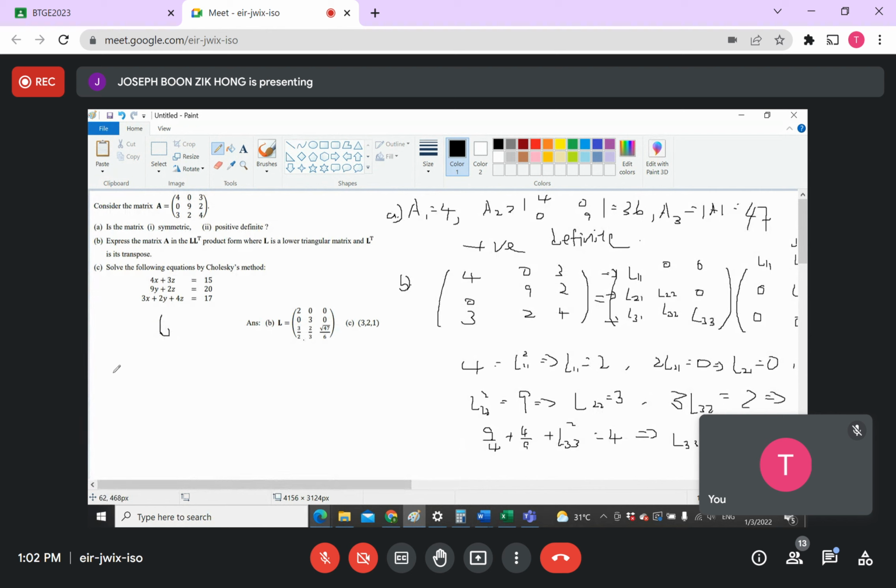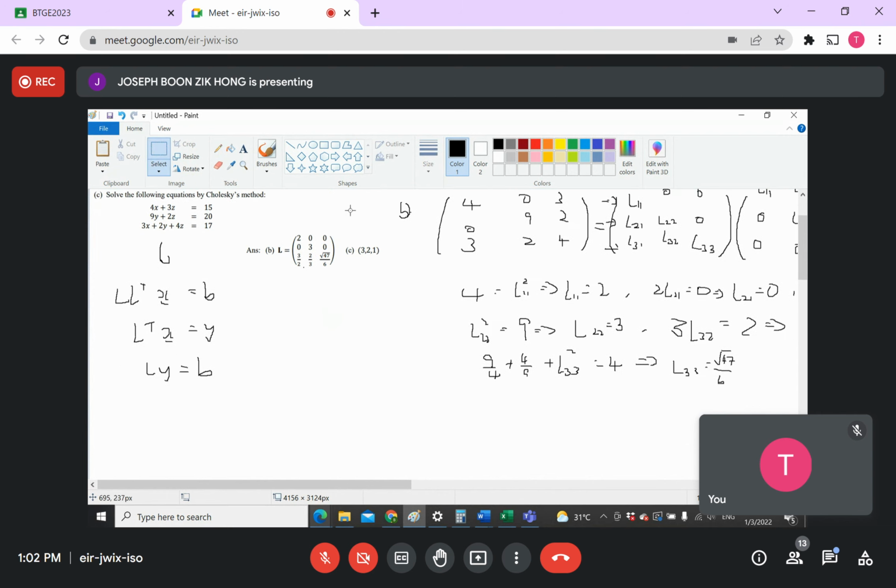Again, you just remember LL transpose X equal to B. So that means your L transpose X equal to Y and your LY equal to B. So we start from LY equal to B. So this is your L times your Y, Y1, Y2, Y3, equal to your B, 15, 20, and 17.